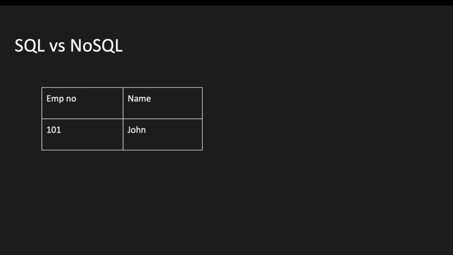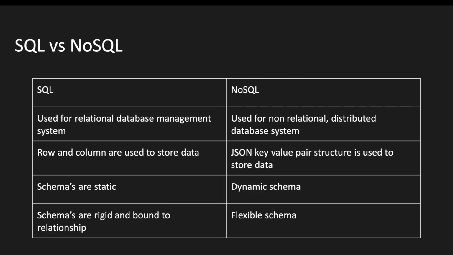So in SQL, schemas are rigid and bound to relationships. Meaning in SQL there is a foreign key constraint. If there is a foreign key constraint, then you cannot insert any data other than data which exists in the foreign table.